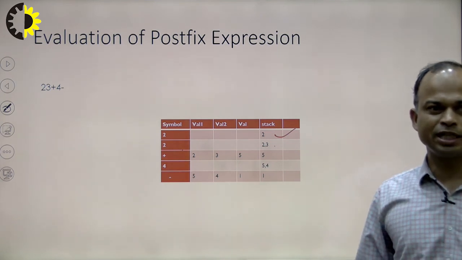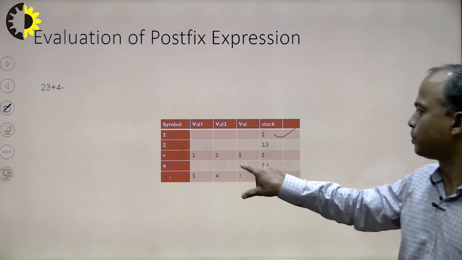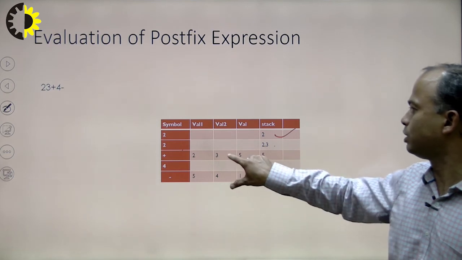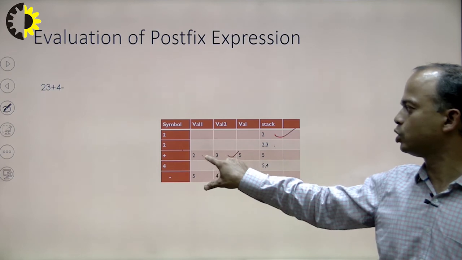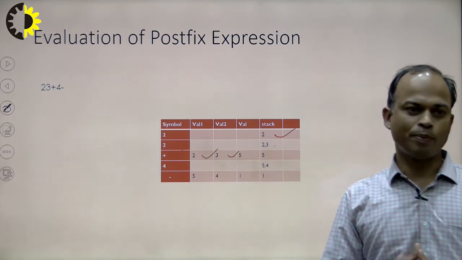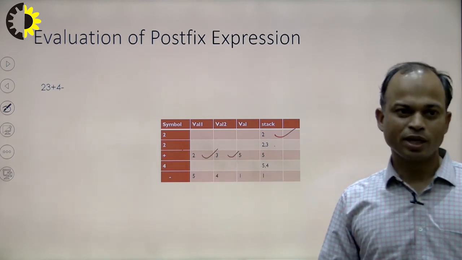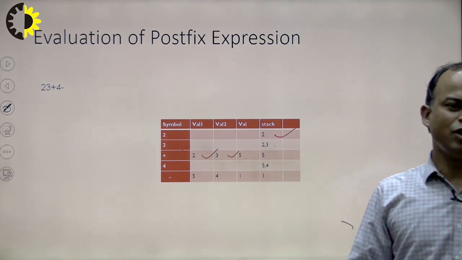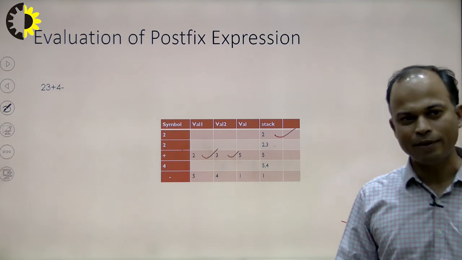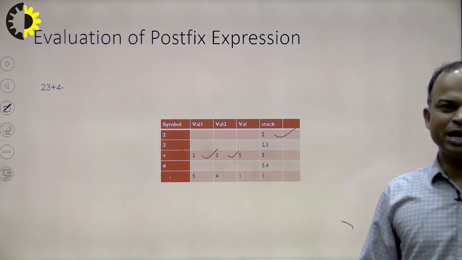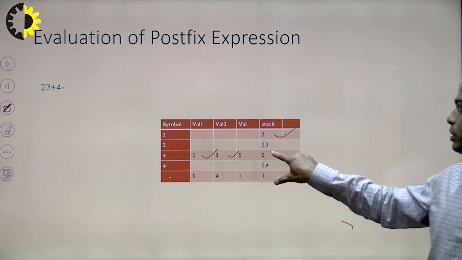The first value, 3, is popped into value 2, and the second last value, 2, is popped into value 1. Now, plus is applied on value 1 and value 2. Therefore, 2 plus 3 equals 5.